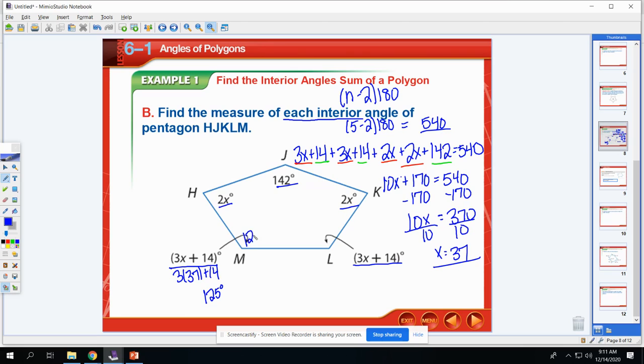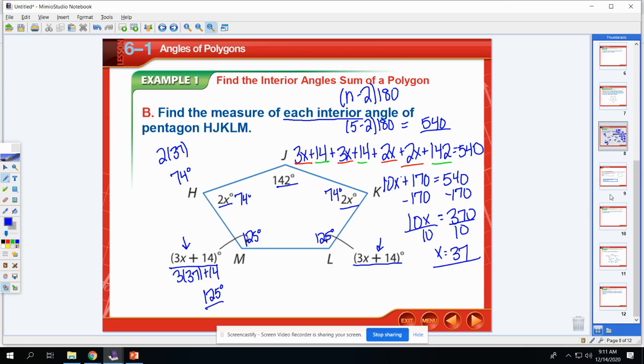So angle M, angle L, since those both have the same algebra, those are both going to be 125. Now angle H, angle K, those are also going to be the same. Just multiply 2 times 37. And when we do that, we're going to get 74. So each of these angles here are 74 degrees.